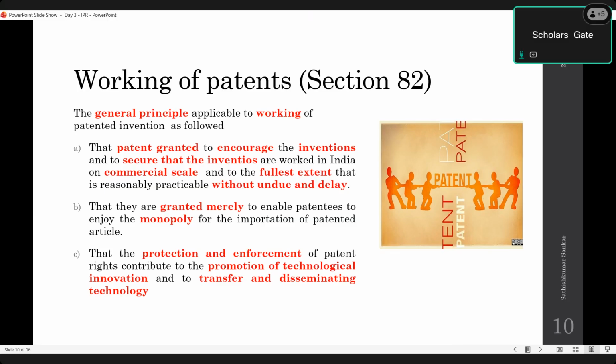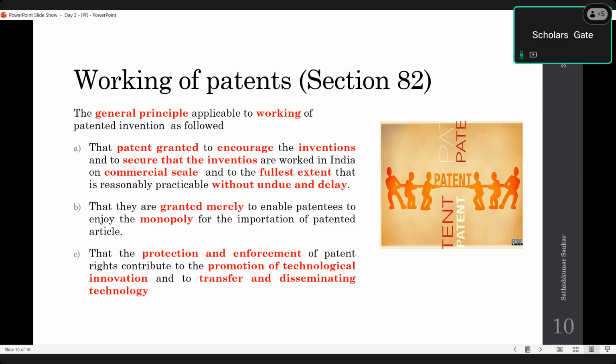It will be implemented and used by the people, or by the patentee. He may export it or develop his own product. He can sell that particular invention to any corporate industries or normal industries. So whatever is possible to use that particular invention to the fullest extent is available under the Patent Act 1970, Section 82.